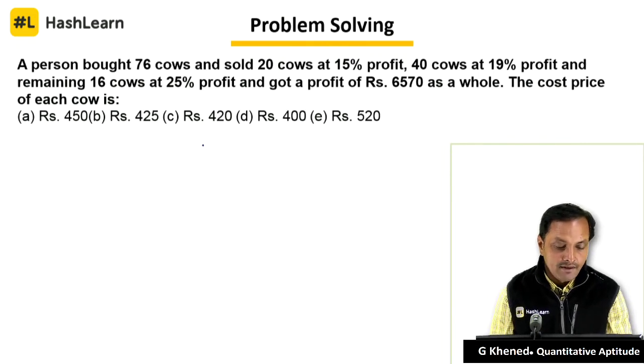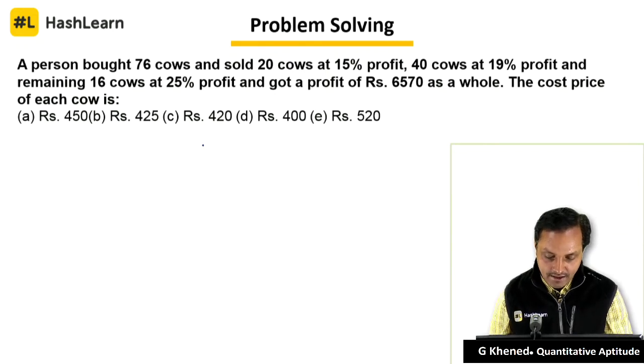A person bought 76 cows and sold 20 cows at a profit of 15%.